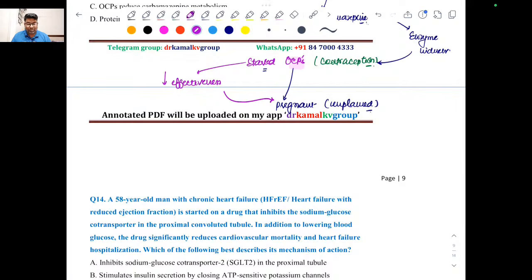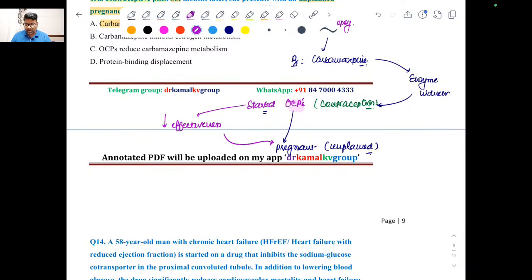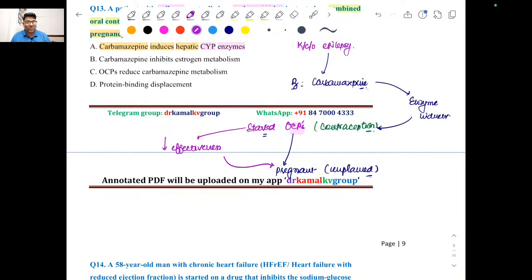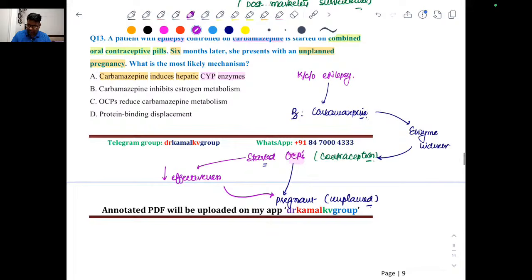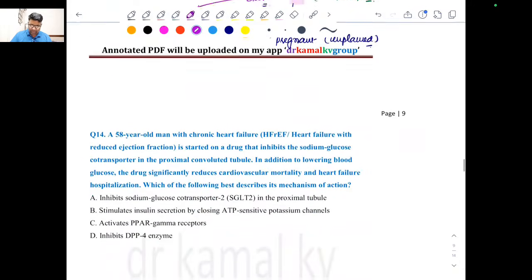Whenever you are prescribing 2 drugs simultaneously, just make sure that none of them is an enzyme inducer or enzyme inhibitor, because it will affect the metabolism of the other simultaneously given drug. So, this is one very beautifully made clinical scenario to describe this phenomenon of enzyme inducer activity. Very good, Imran. Okay, chalo.